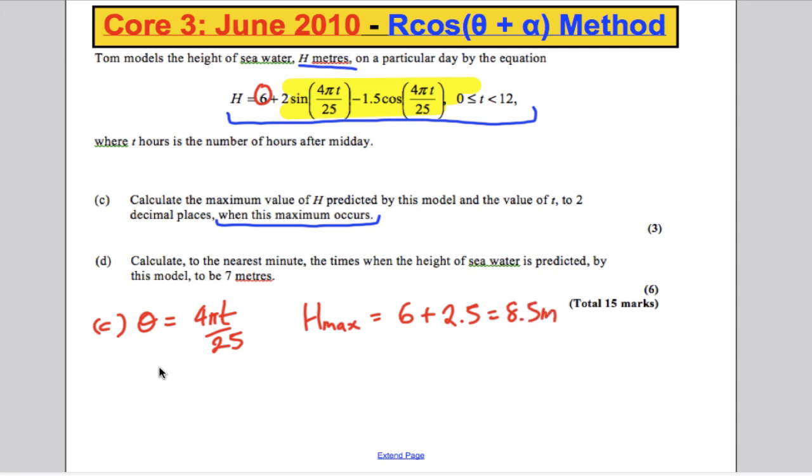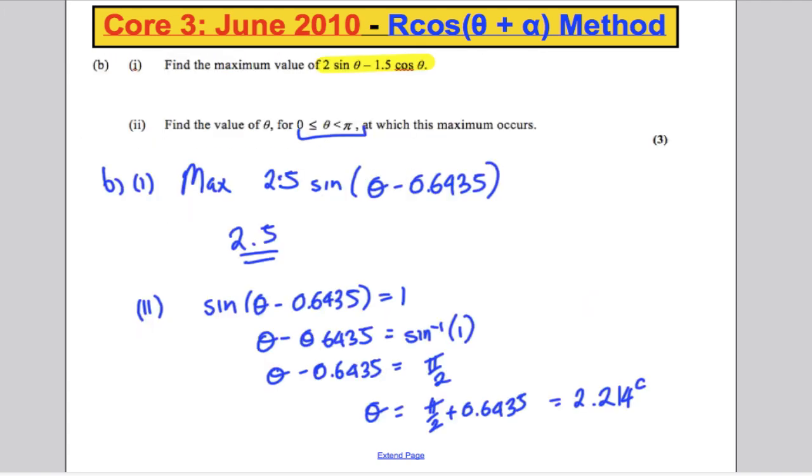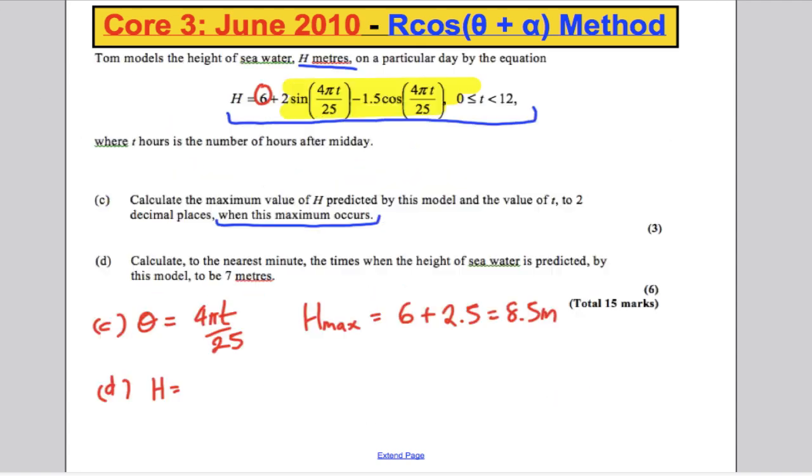And for part D, when is it going to be 7 meters? Well, when is the height going to be... oh, sorry, we've got to state where the maximum occurs also in part C. Well, we knew the maximum occurred for theta is 2.214, so this occurs where 4 pi t over 25 is equal to 2.214.